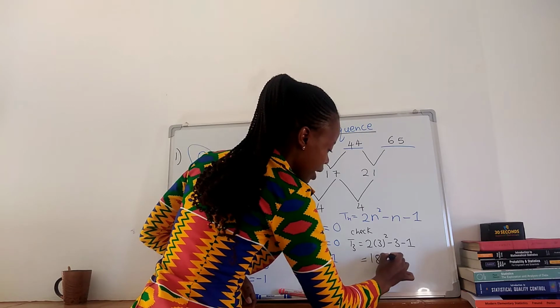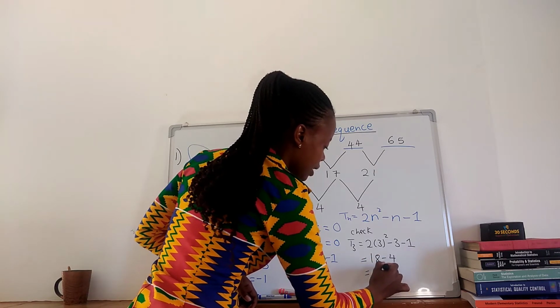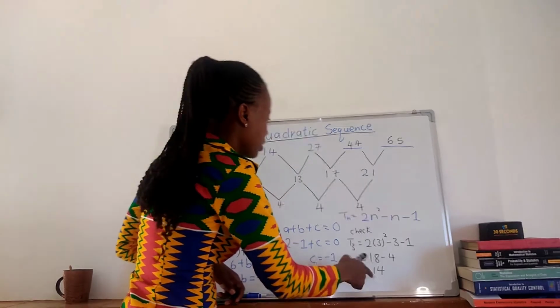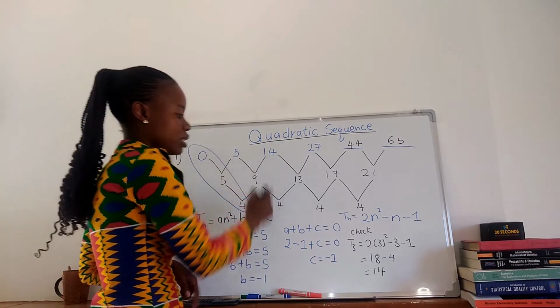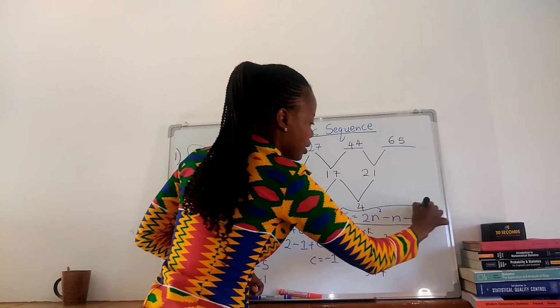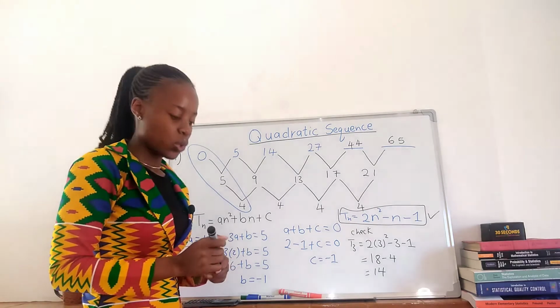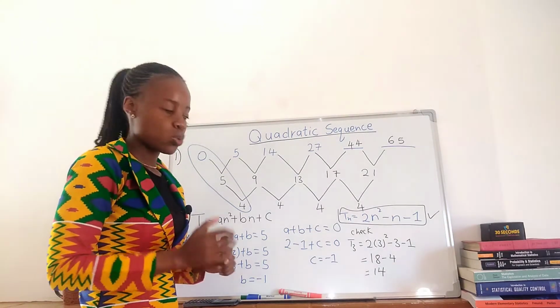So we have 18 minus 4, which is 14. Let's see if our third term is 14. Our third term is 14, which means our expression is correct. Okay, now let's get to number 2.